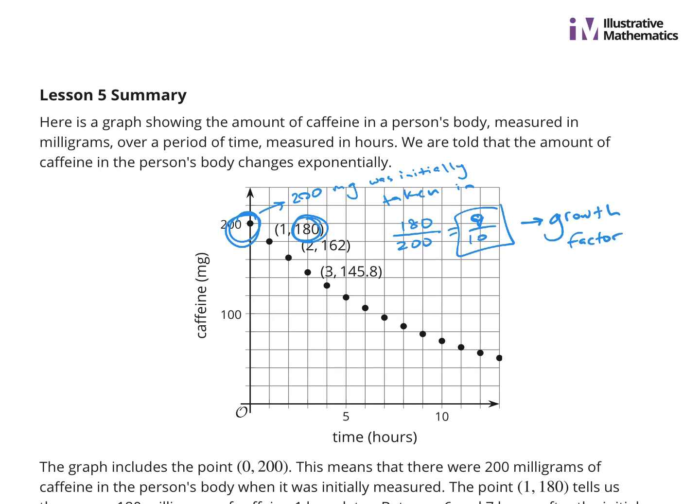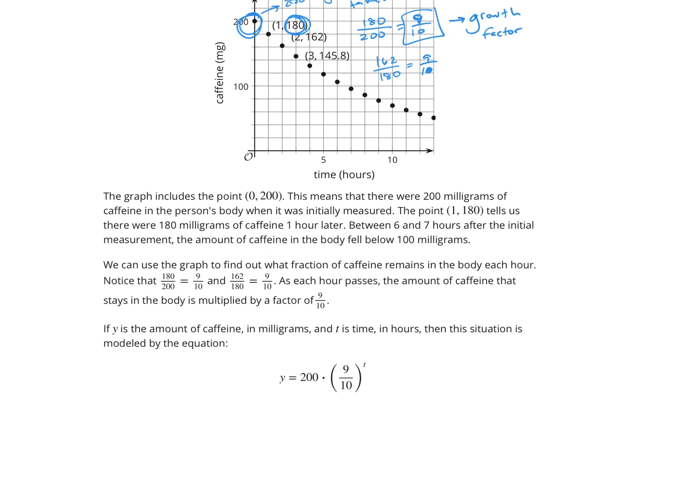And to prove that this was exponential, we could continue to calculate those growth factors between each hour. So for example, I would do, again, 162 over 180, and I see that it is 9/10 again. So we know that that's exponential.